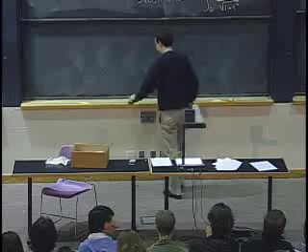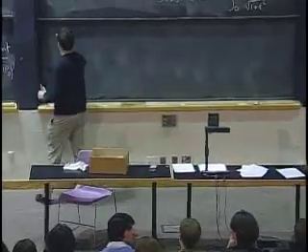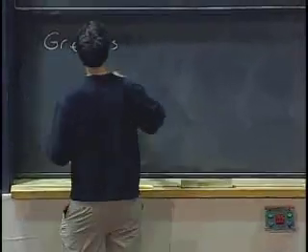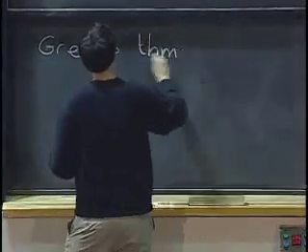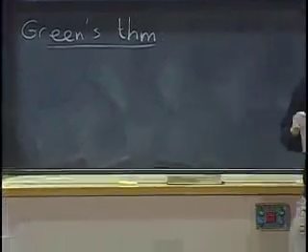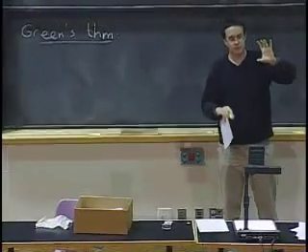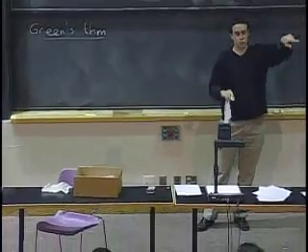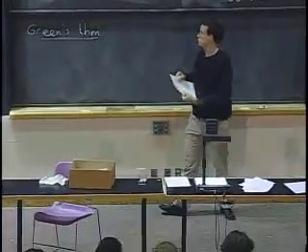And the other thing we've seen, I mentioned it at the beginning, but let me mention it again to conclude things. Green's theorem lets us find the value of a line integral along a closed curve by reducing it to a double integral.